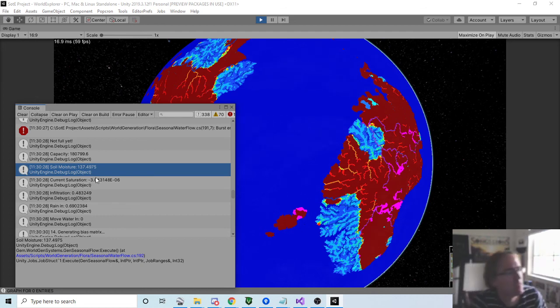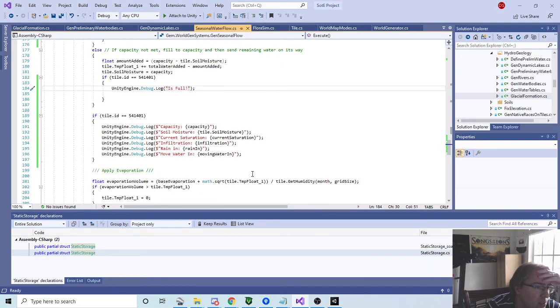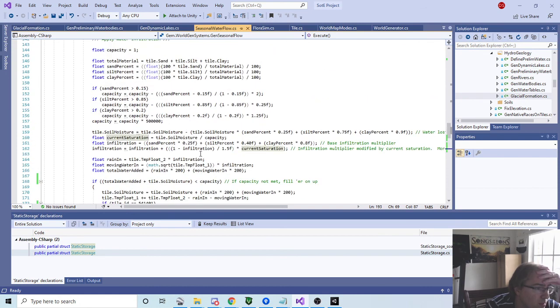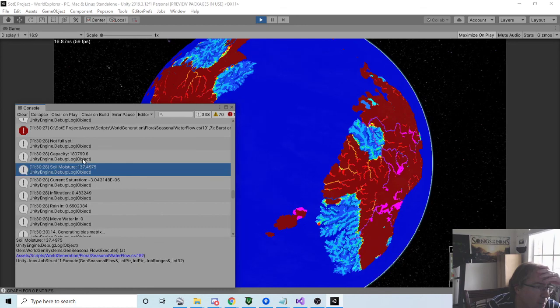So some water was added, but then, okay, current saturation. Where did we calculate you? Current soil moisture divided by capacity. Capacity seemed accurate.